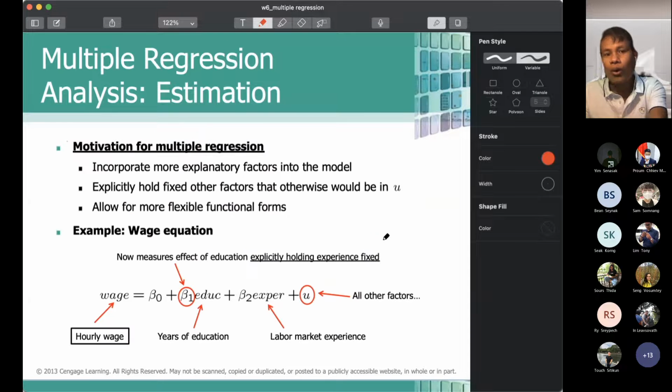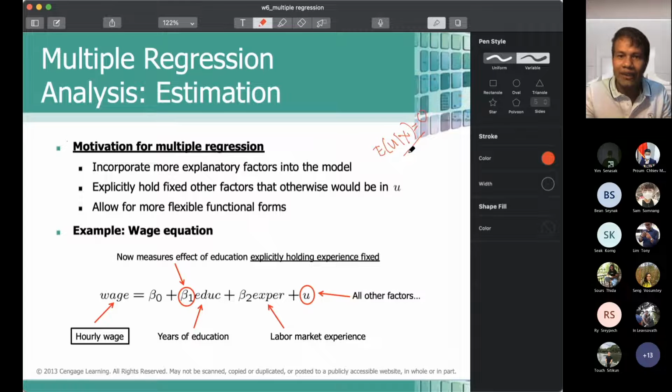All right. So why do we need multiple linear regression? As you know, with simple linear regression, when we only have one x, the assumption of zero conditional mean, that the expected value of u given x equals 0, is violated, meaning that the error term is always correlated with x.